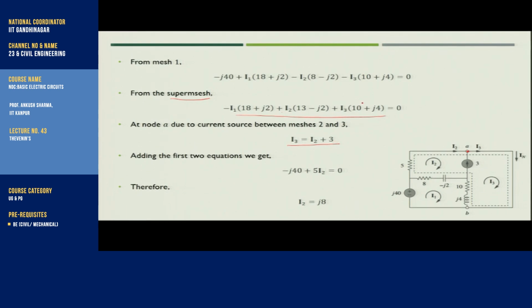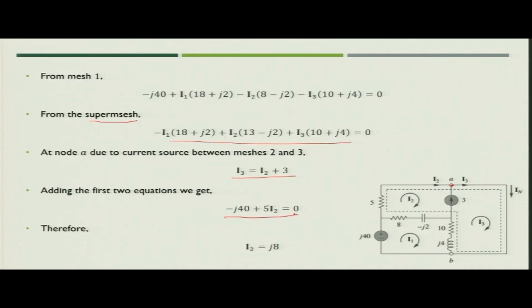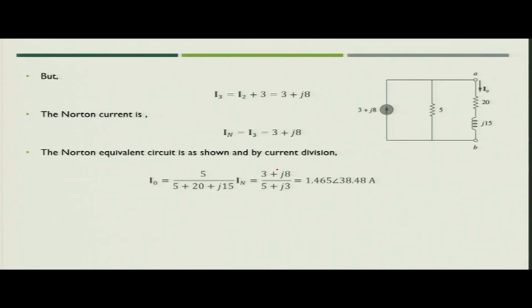Now, if you add first two equations, you get the value of I2, that is J8, and then you can put the value of I2 in this equation, you get I3 is equal to 3 plus J8. Now, what is I3? I3 is nothing but Norton's current, that is IN.